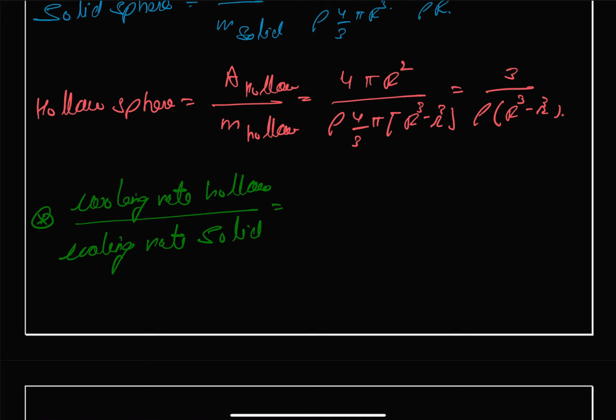That will be coming as 3 upon rho times r cube minus small r cube, and this comes as 3 upon rho times r. This will be equal to r upon r cube minus small r cube.